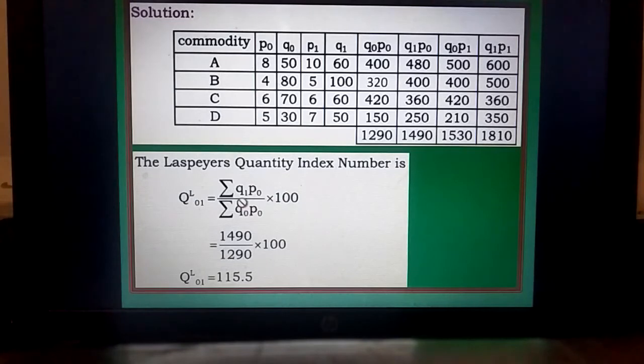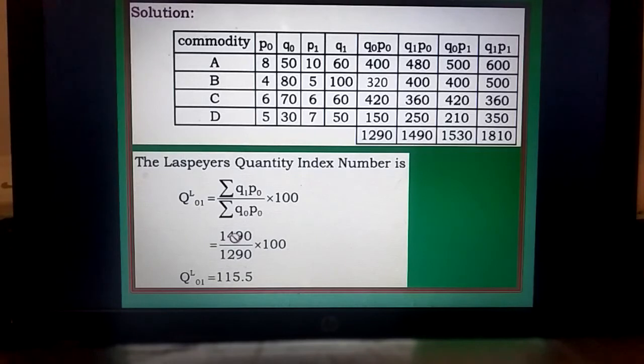So here Q1 P0 is required. That's why Q1 P0 is being calculated. Look at the cursor. So Q1 are here, P0 are here. 60 multiplied by 8, 480. 100 multiplied by 4, 400. In that way, the complete data has to be multiplied and taken in this column, and the sum of this column is the sum of Q1 P0, that is 1490.